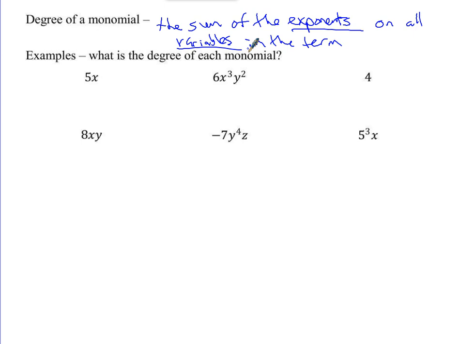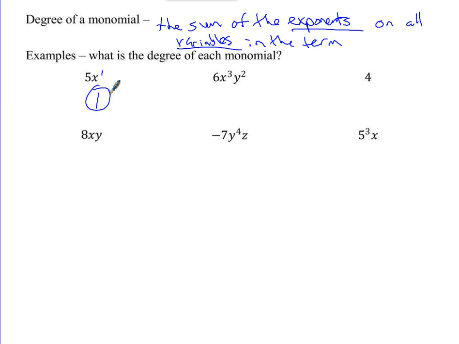So therefore, for that 5x, what is the degree of that monomial? Why is it 1? Because if there's no exponent, then there actually is an exponent. It's a 1. So therefore the degree of this monomial is 1.